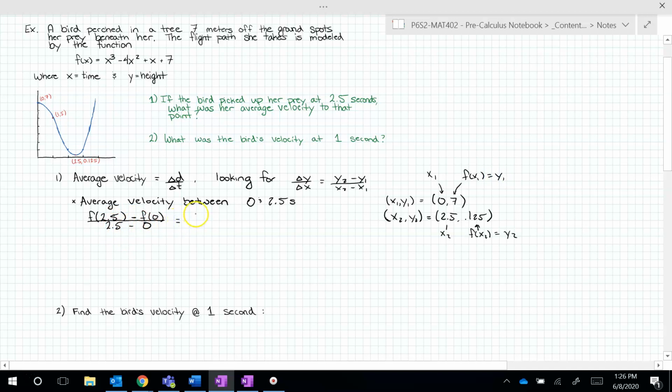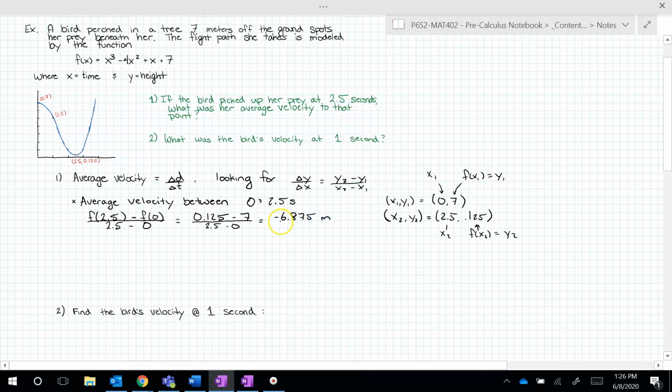Say this is my f of 2.5, my y2 is 0.125, my f of 0, my y1, is 7, divided by 2.5 minus 0. Do this math here. This is negative 6.875.